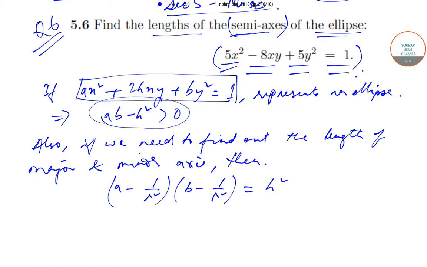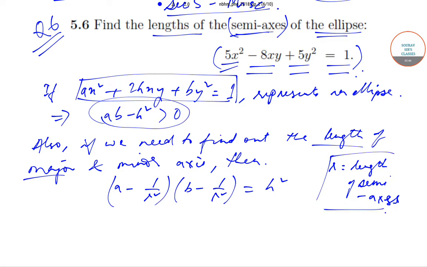This is the equation that we need to consider, and then we need to solve for r square to find out the length of, basically r will give us the length of the semi major and the semi minor axis. We need to double those amounts to get the major axis and the minor axis. But whatever, this r basically is the length of semi axis that we can write for sure, semi axis r. Okay, so this is the equation.